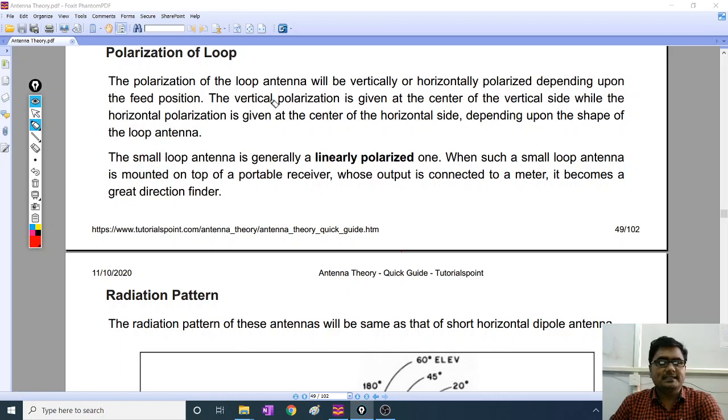The word itself says I am a loop, so I will give you a linear polarization. The word itself is saying that I am a loop, so it has to give me linear polarization. Every small loop antenna is a linearly polarized antenna. It will be linear, obviously, because there is a loop.